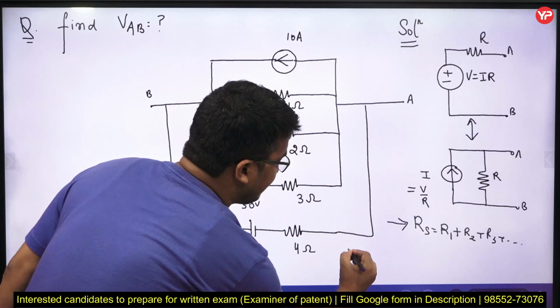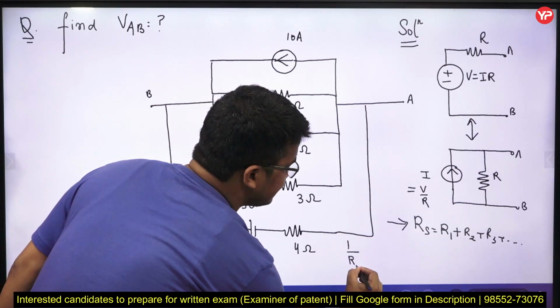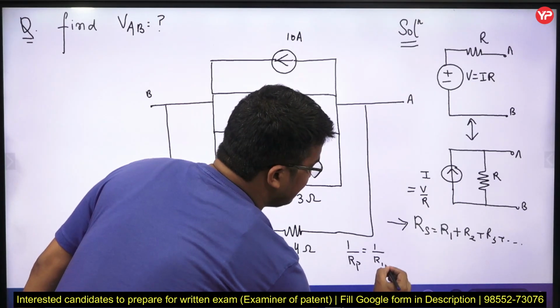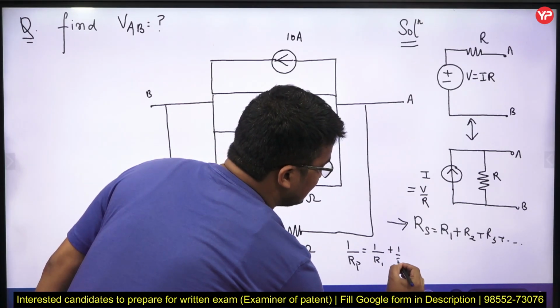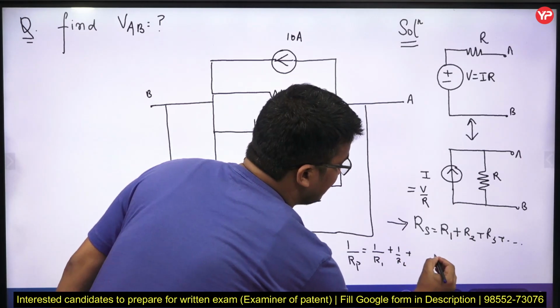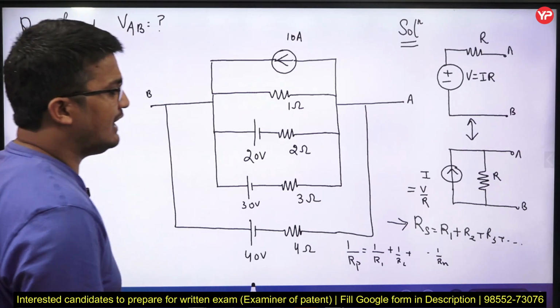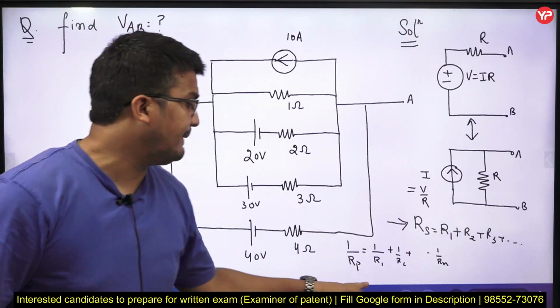Similarly, the parallel equivalent is calculated as 1 upon Rp is equal to 1 upon R1 plus 1 upon R2 plus so on up to 1 upon Rn. So I will be using these two formulas, series equivalence and parallel equivalence.